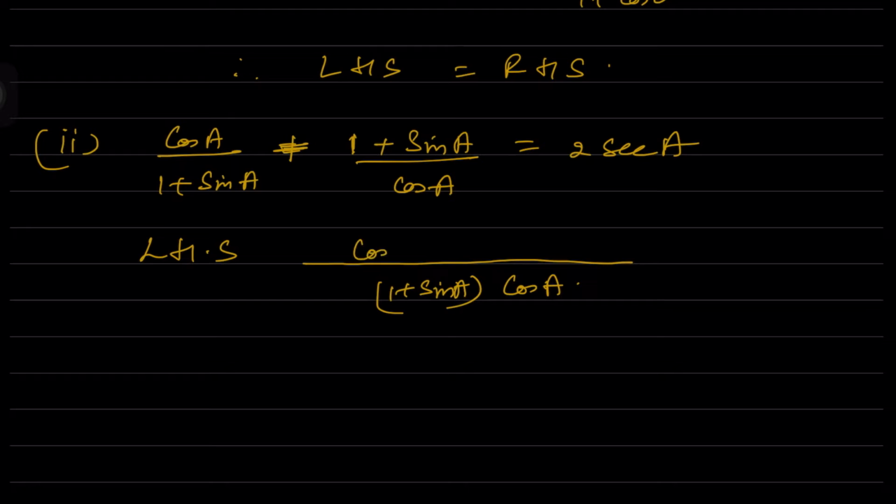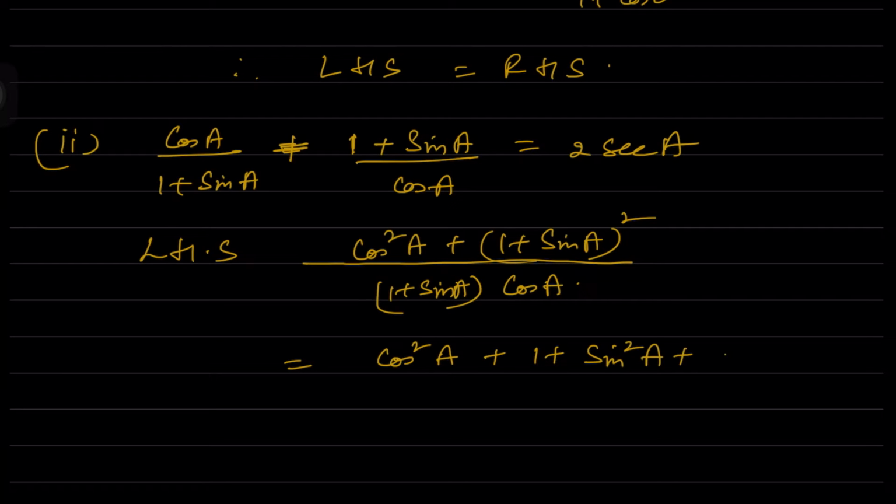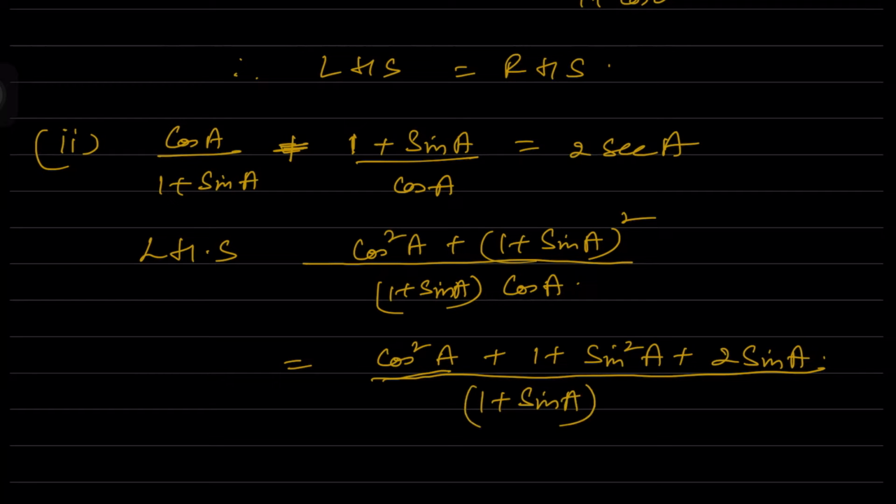So this becomes cos square A plus 1 plus sin A whole square, which is equal to cos square A plus 1 plus sin square A plus 2 sin A, divided by 1 plus sin A into cos A.